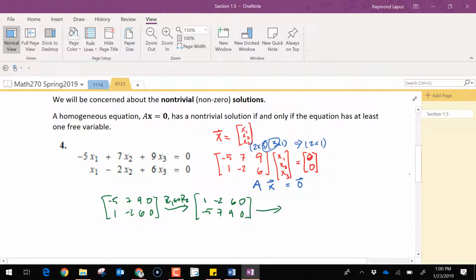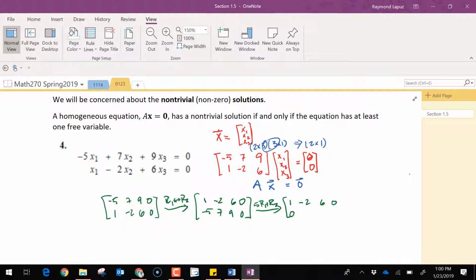And then now I can just say I'm going to multiply the first row by 5 and add it to the second row, and then I'll replace the second row. So my first row stays the same, 1, minus 2, 6, 0. My second row becomes 0. That's the whole point, right? To make this into row echelon form.